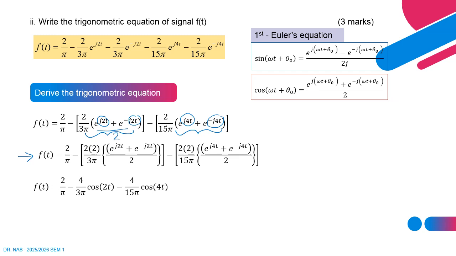But here there's no division by 2, so you introduce division by 2 and don't forget to multiply on top with 2. The same goes for the second component. So the final answer, the trigonometric equation of signal f(t), equals this.